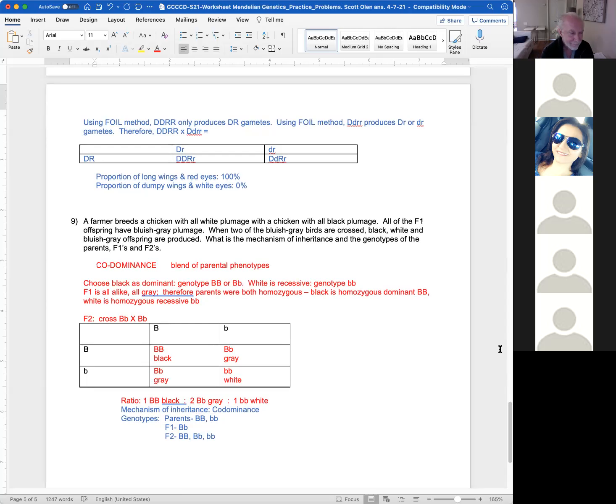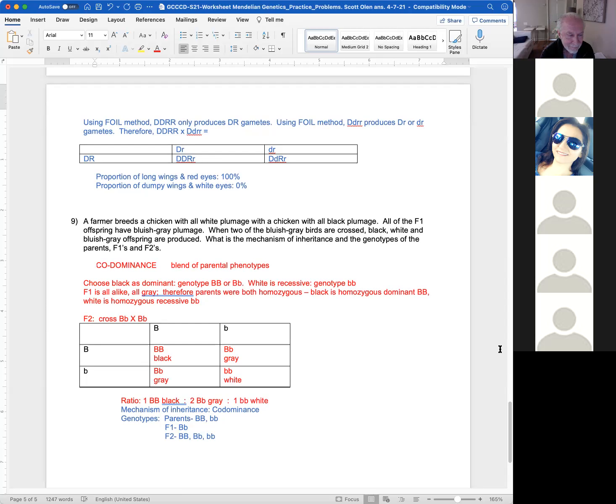So a farmer breeds a chicken with all white plumage. Does everybody know what plumage is? Feather color. Excellent. So a farmer breeds a chicken with all white plumage with a chicken with all black plumage. So we have a white chicken and a black chicken being crossed.